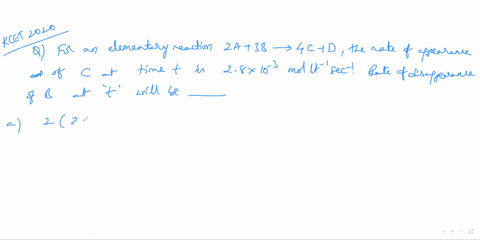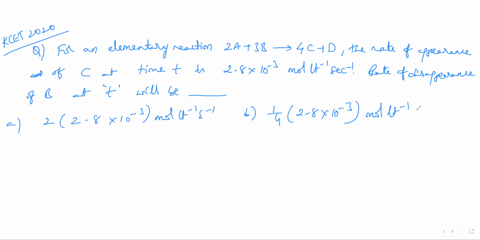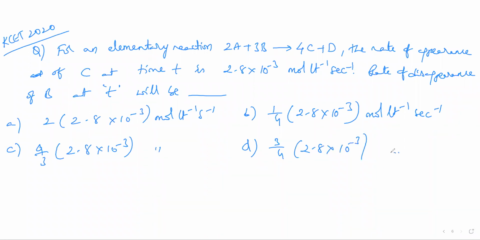Options given are: 2 into 2.8 into 10 power minus 3 mole per liter per second; next option, 1/4 into 2.8 into 10 power minus 3; third option, 4/3 into 2.8 into 10 power minus 3; last option, 3/4 into 2.8 into 10 power minus 3.